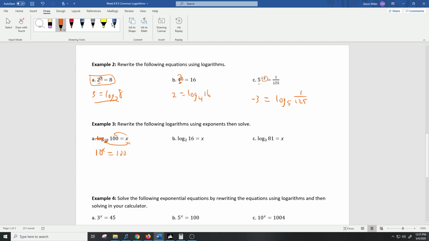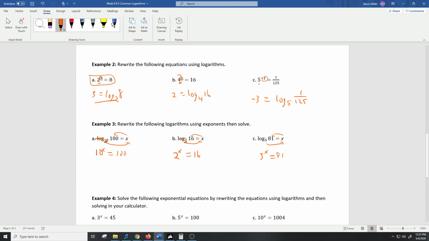Right now we're changing this to exponential form as an exponent. B, do the same thing. Gotta go around the circle. 2, start there, go around. That's your power. And then go backwards, 16. Logs are gone. Last one, 3 to this power, x equals 81.